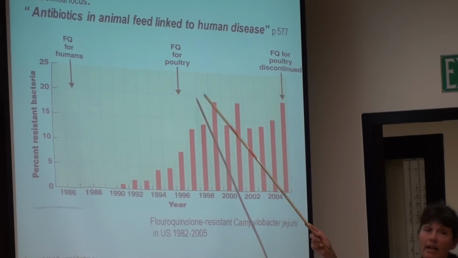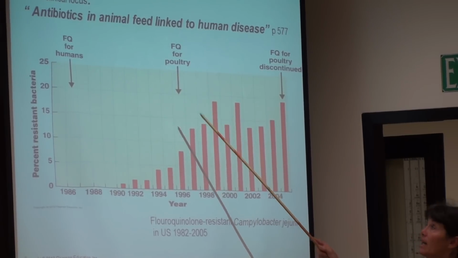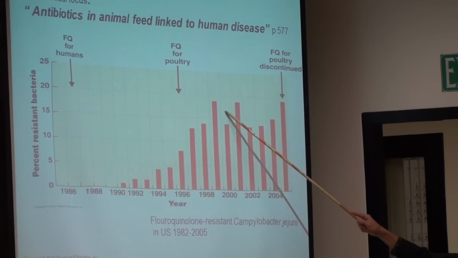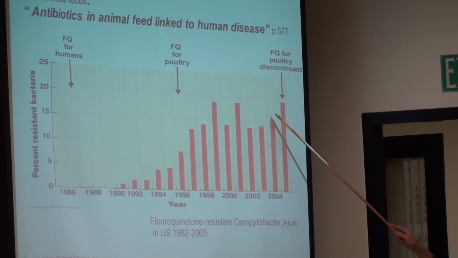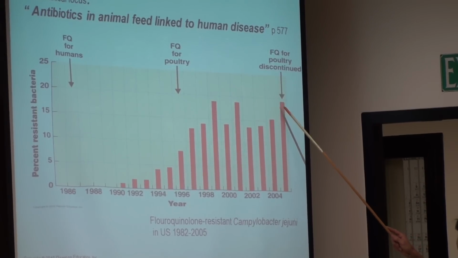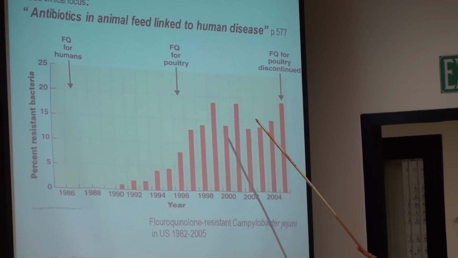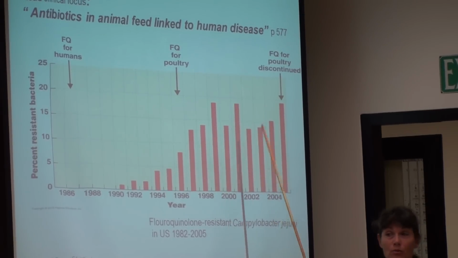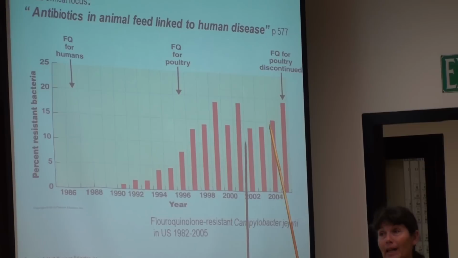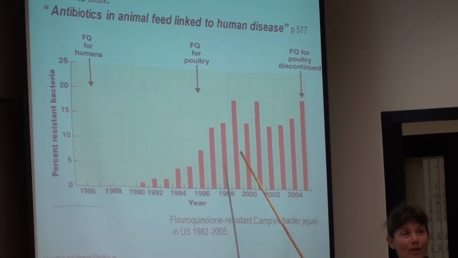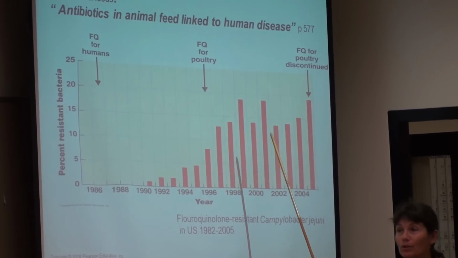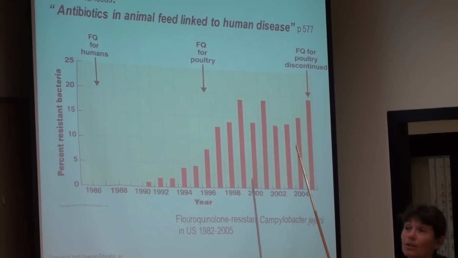We're increasing selection for those resistant bacteria. And so if these represent an increase in the number of fluoroquinolone resistant Campylobacter jejuni from humans, what this is telling us, you guys, is we're probably getting transfer of resistant Campylobacter from those chicken carcasses that were fed the fluoroquinolones. We're getting transferred to humans.